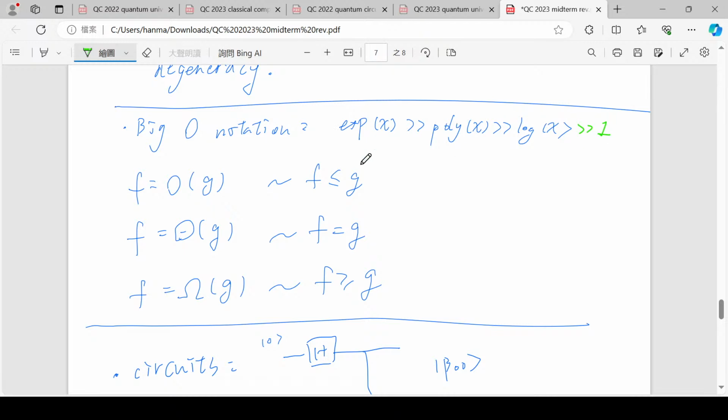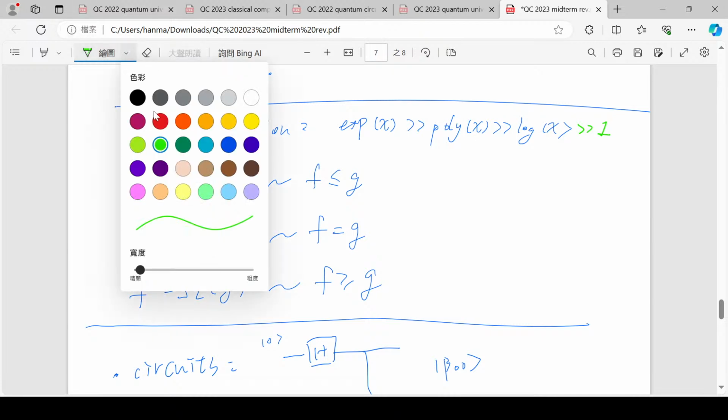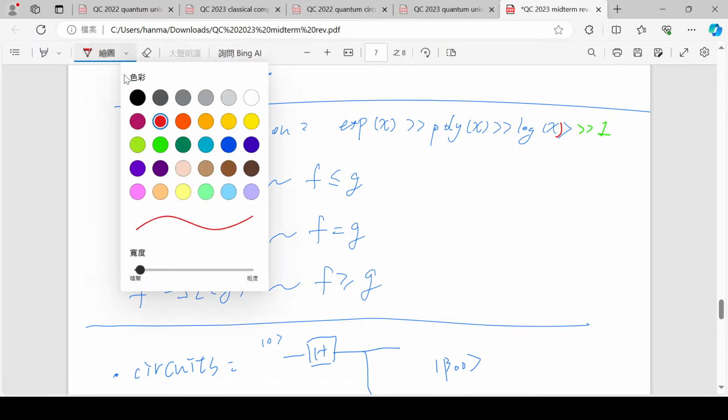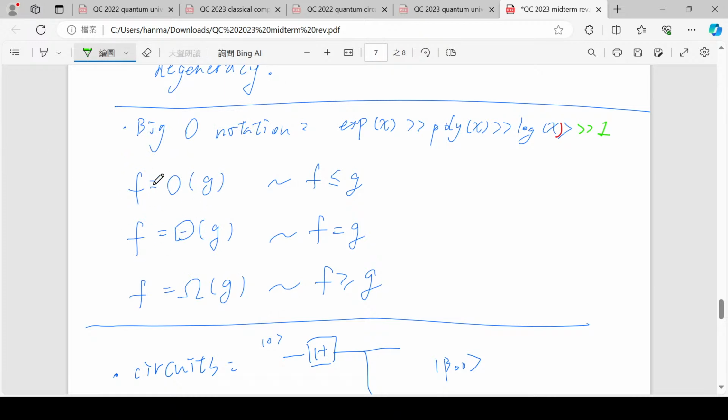Exponential functions grow much faster than polynomial functions, which grow much faster than log x, and much faster than constant.